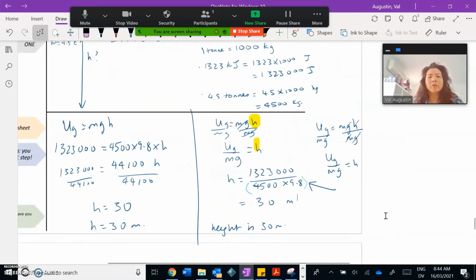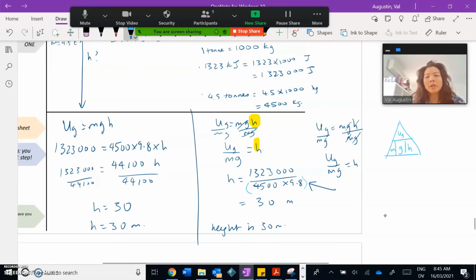Just a little thing for those who don't like algebra very much. You can actually write this triangle out. So let's say you don't like rearranging at all.